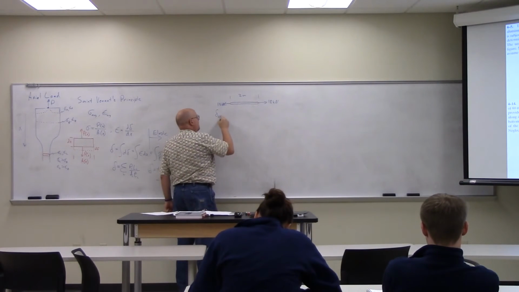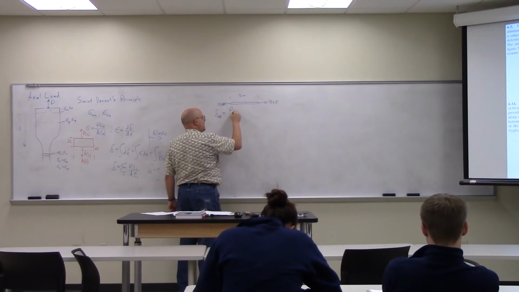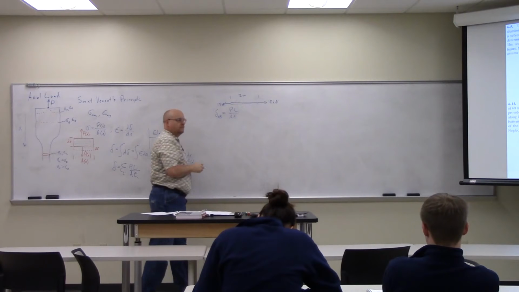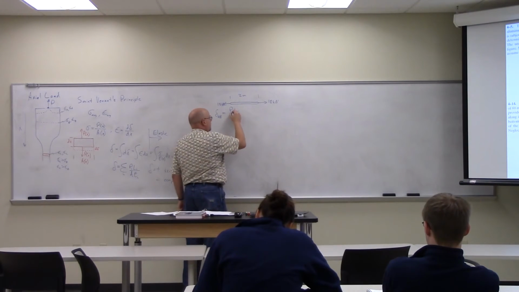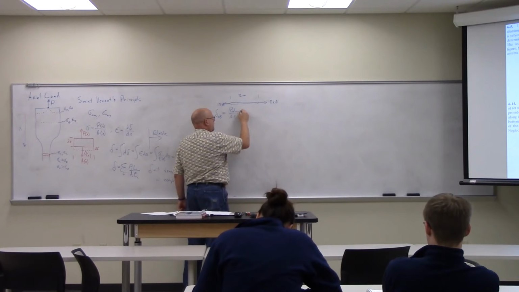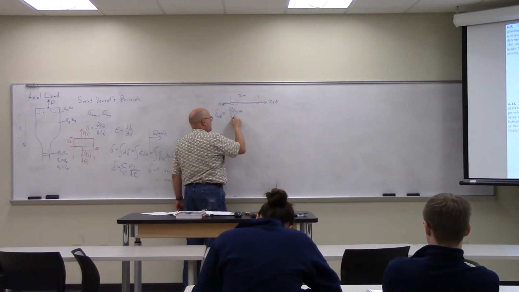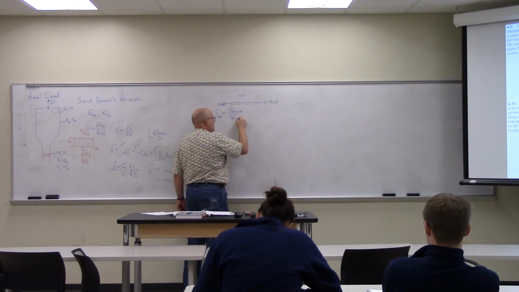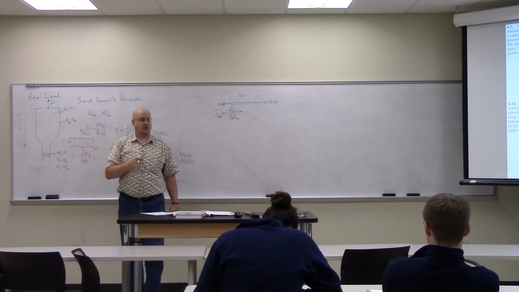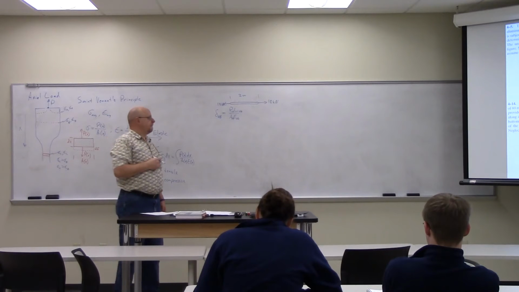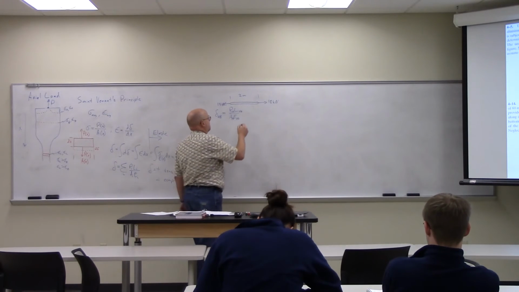Delta for AB, therefore, is just equal to P L over A E for this particular member, so P_AB L_AB over A_AB E_AB. So I can find the delta for that end of the bar. So what's P_AB?